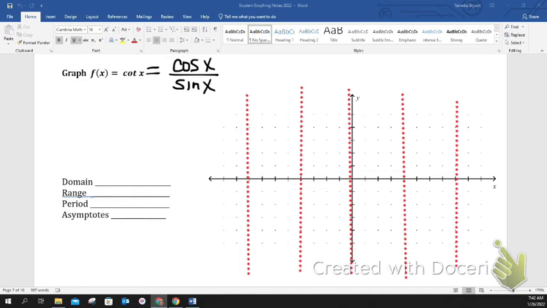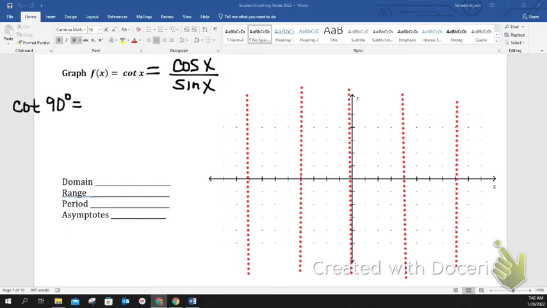So now let's go ahead and look at our unit circle. And let's work in between 0 and 180. So let's start at the middle. Let's start with 90. So let's figure out what the cotangent of 90 degrees is.